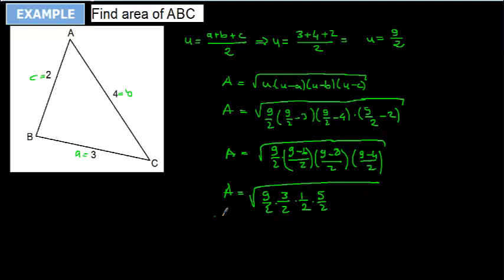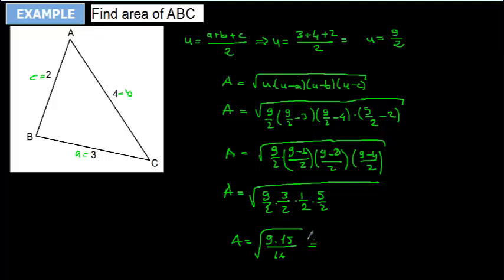So here 2 times 2, 16. It's going to be area is equal to 9 times 15 over 16 square root of it.